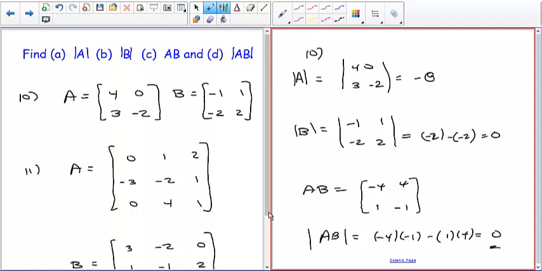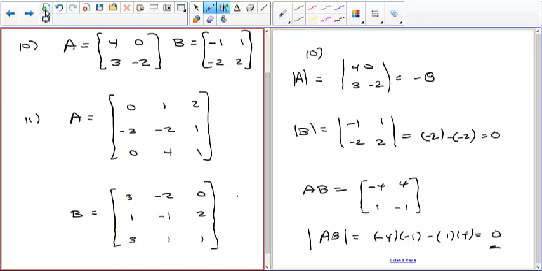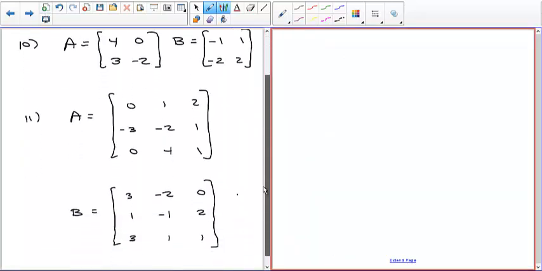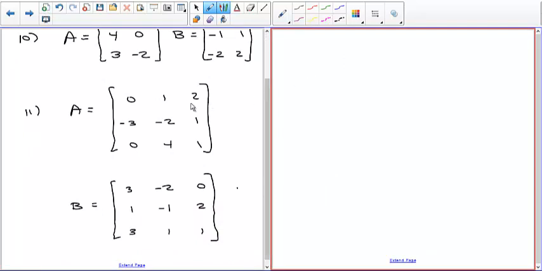Okay, and then the final one, we got these 3 by 3 matrices. So we're going to need to find the determinant of A, which is going to be easy. We'll pick the first column. So the determinant of A is going to be 0 plus minus, because it's plus minus, so it's going to be minus a -3 times, if we cross out this row and that column, we'll end up with 1, 2, 4, 1.